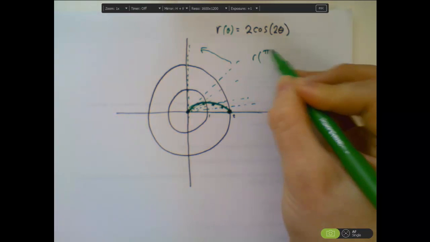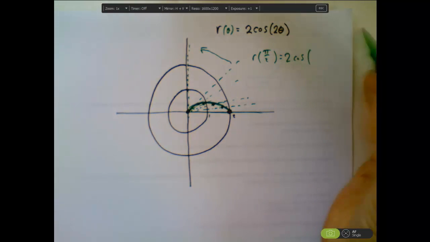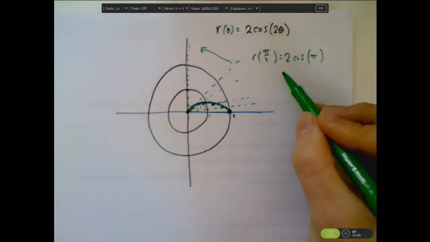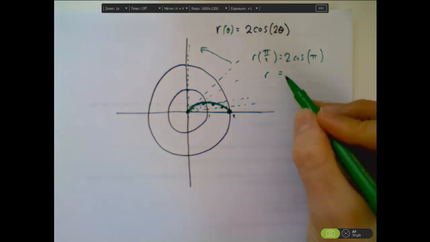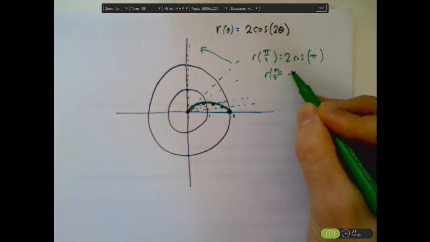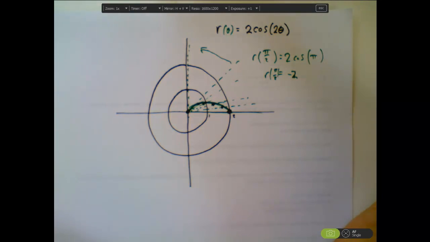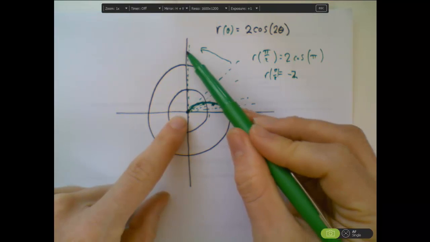So if I've got pi over 2 here, that's going to give me 2 cosine of 2 times pi over 2, which is pi. Cosine of pi should be -1, so that means my radius at the angle pi over 2 is -2.